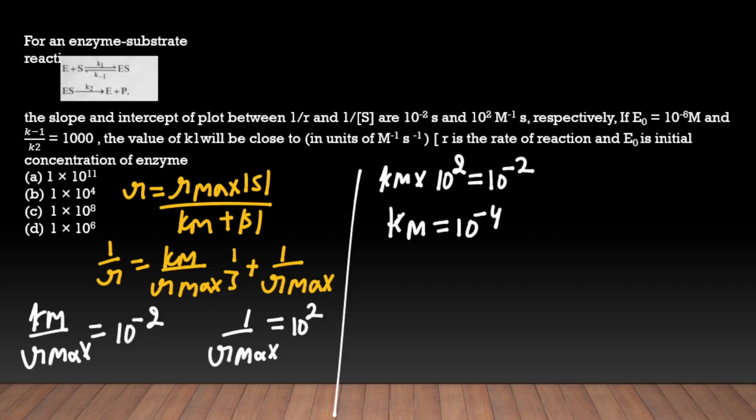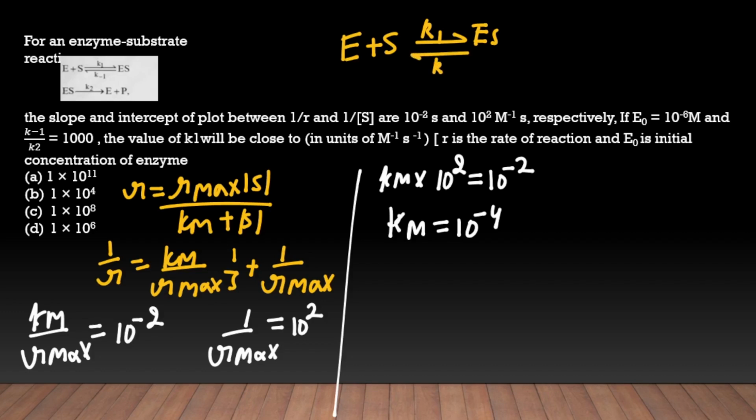Now Km is defined as the ratio of the rate constants with which ES is being deformed to that with which it is being formed. In this reaction, E plus S giving ES with rate constant k1, it is being formed.